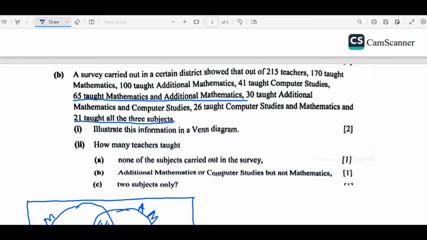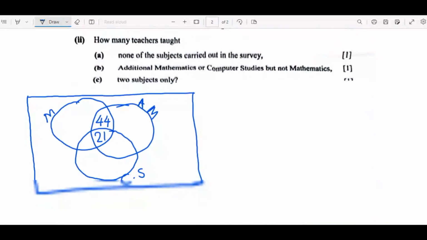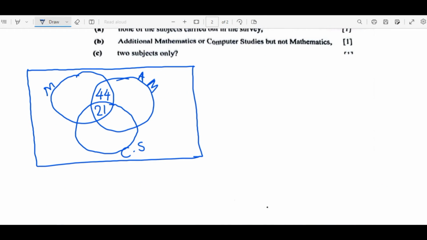Then we move on to 30, taught additional mathematics and computer studies. So additional mathematics and computer studies is this region. So we are told there were 30. Now from 30, we need to subtract 21. So 30 minus 21, we get 9.